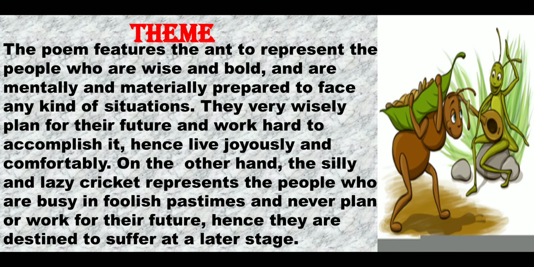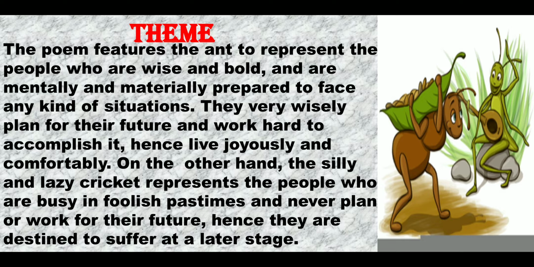Next comes the theme of the poem. The poem features the ant to represent the people who are wise and bold and are mentally and materially prepared to face any kind of situations. They very wisely plan for their future and work hard to accomplish it.